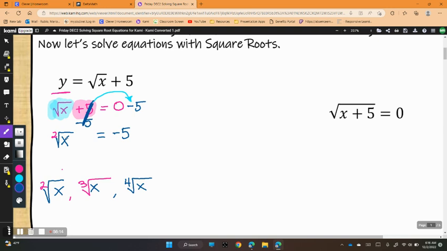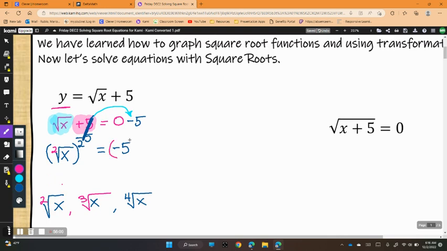Now, in order to get rid of this square root, what we need to do is raise everything inside these parentheses to the second power. And whatever we do to the left side of the equal sign, we have to do to the right side. We're allowed to basically do any math operation we like, as long as we do it to both sides of the equation.